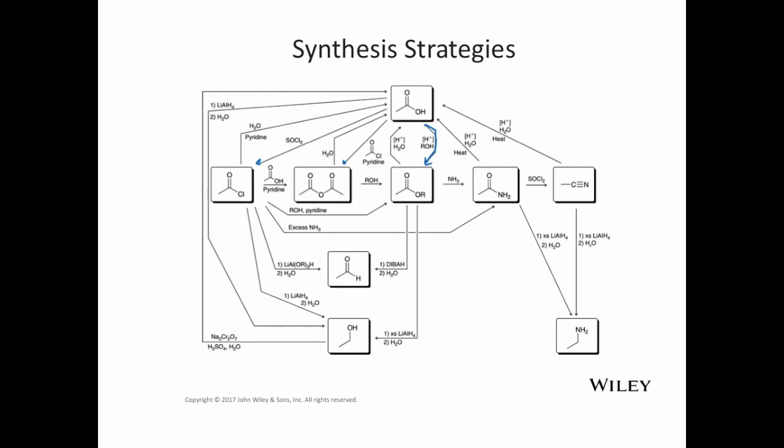Notice you cannot go directly from a carboxylic acid to an amide. However, you can get to an amide from an acid chloride, an acid anhydride, or an ester. So this is a big concept map, so take some time and look at this and see how all of these different carboxylic acid derivatives can be interconverted.